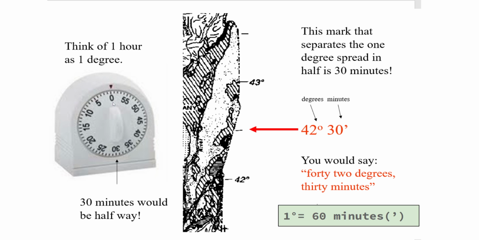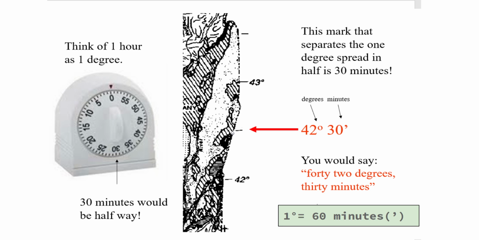So just like an hour has 60 minutes and half an hour is 30 minutes, one whole degree of latitude or longitude is 60 minutes. That means half a degree of latitude or longitude is 30 minutes. It works very similar to a clock, but this time we're talking about latitude and longitude, which means from 42 to 43 degrees is 60 minutes, right? One whole degree is 60 minutes, and we use this unit.